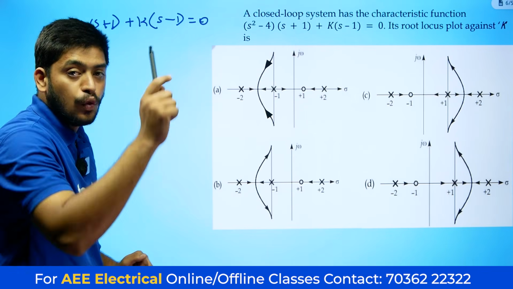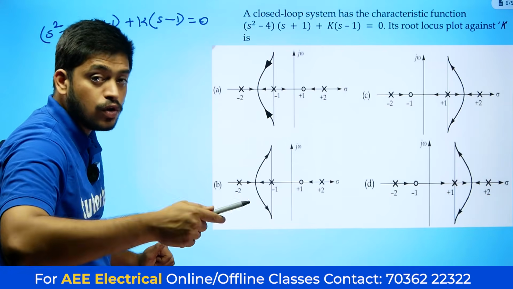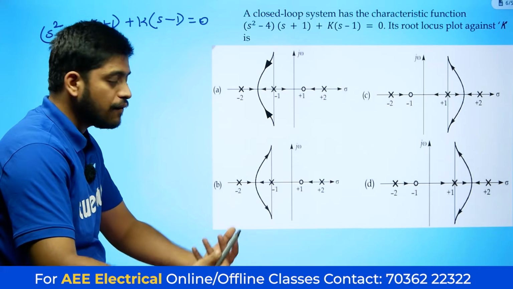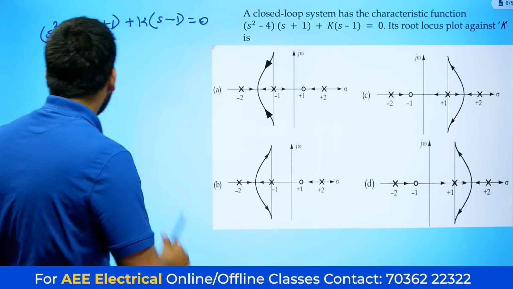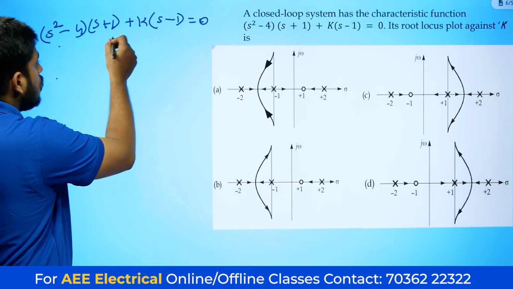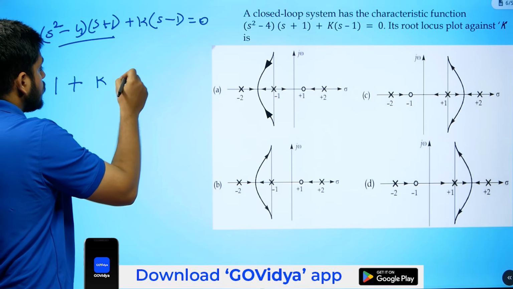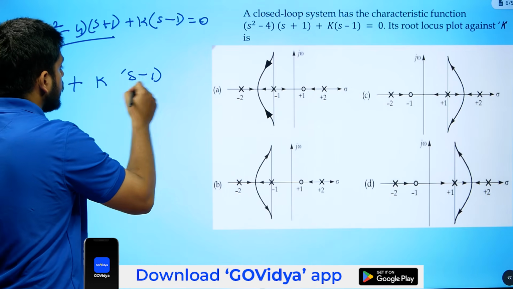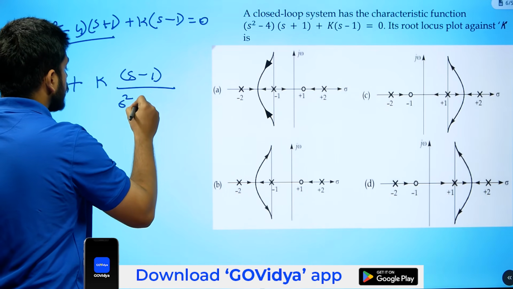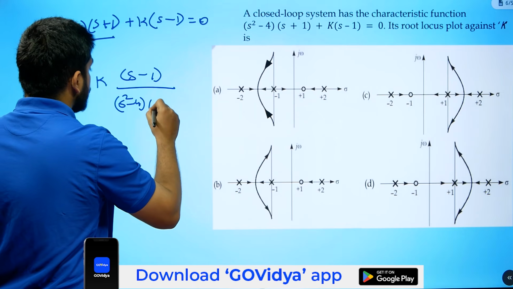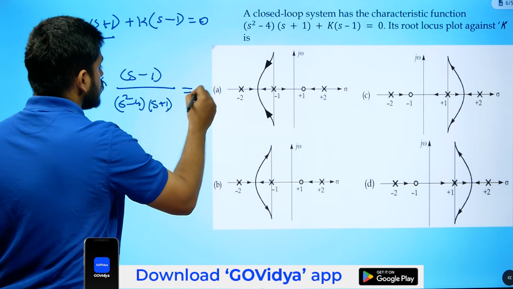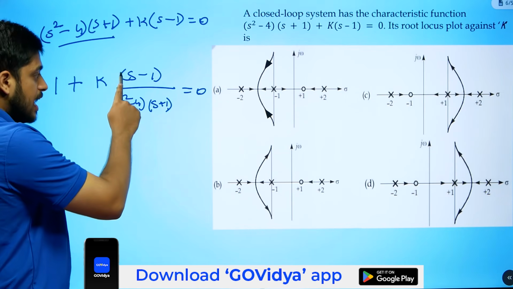So we will convert it into 1 plus k f of s equal to 0, so that we can derive DRL or CRL. So let us divide both sides. We are going to get 1 plus k into (s minus 1) by (s square minus 4 into s plus 1) equal to 0. So this is my f of s.